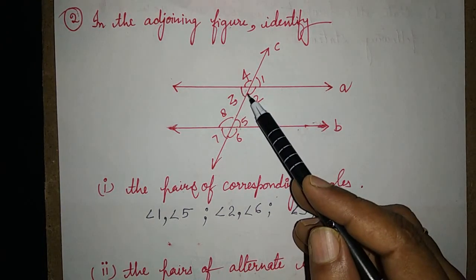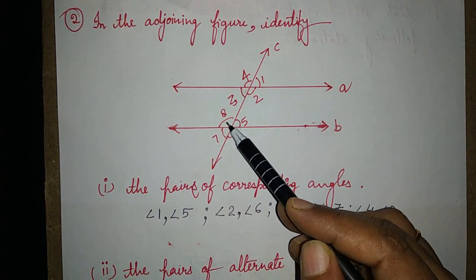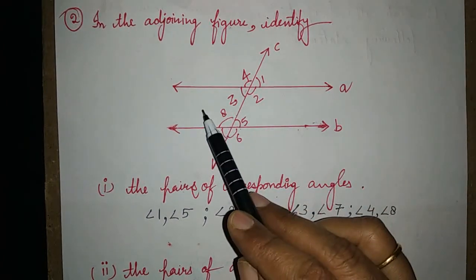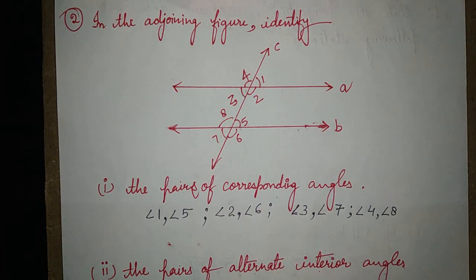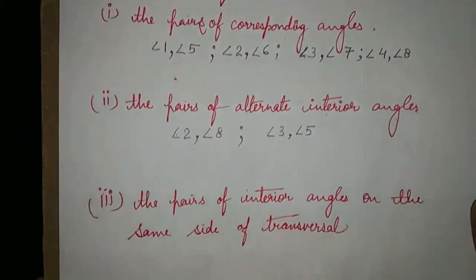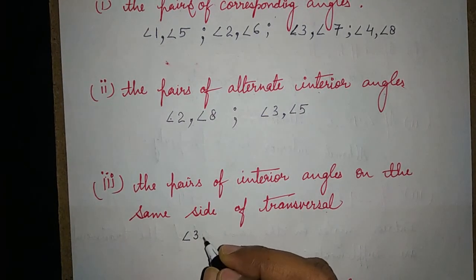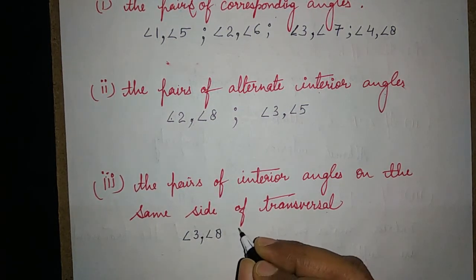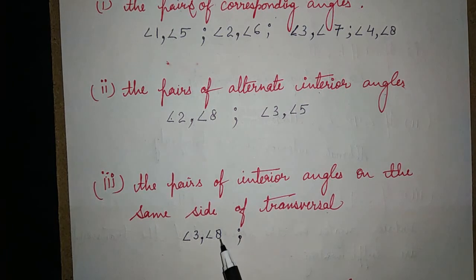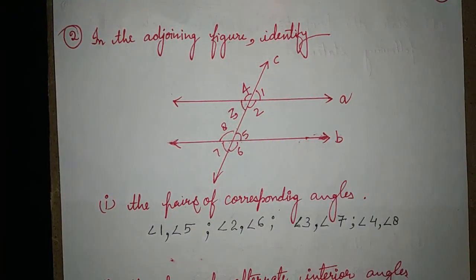You can see that 3 and 8 are on the same side of the transversal. So here you can write angle 3 and angle 8.